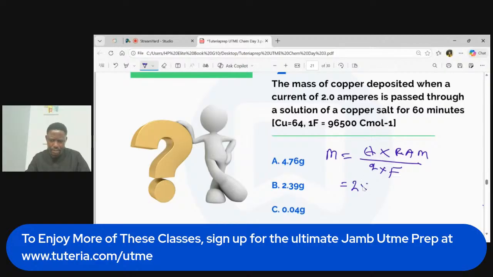So the quantity there is IT, that is current times time. Now this is 60 minutes, so if you want to convert it to seconds, look at what I'm doing, you multiply that. What is the relative atomic mass of copper? It is given as 64, divided by, now what is the charge of copper? Most copper salts are +2, like copper sulfate, all those are ionic compounds.